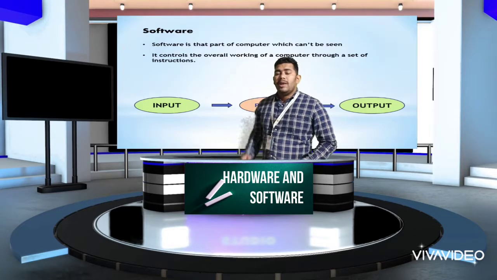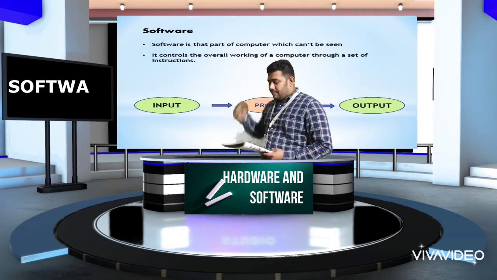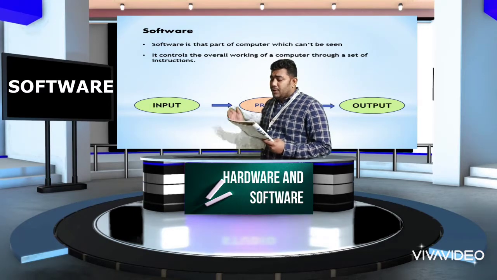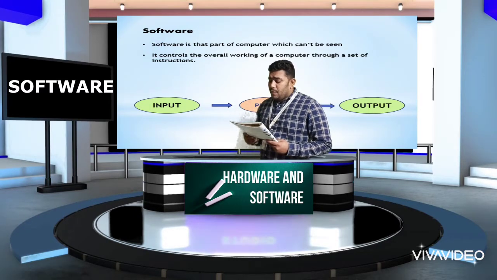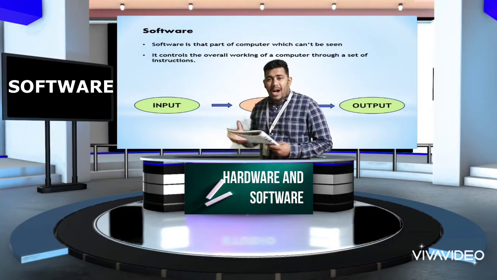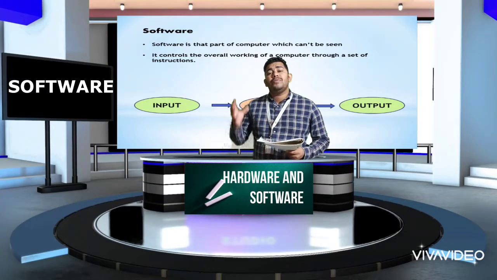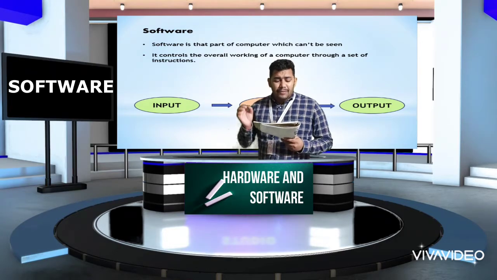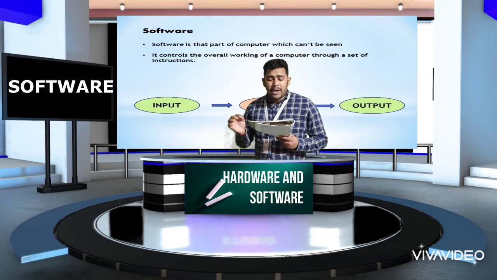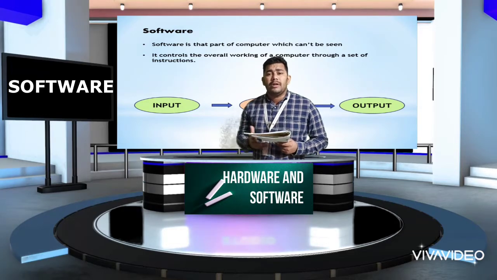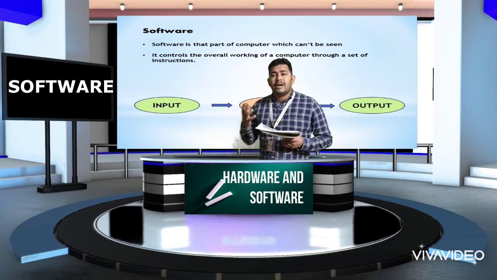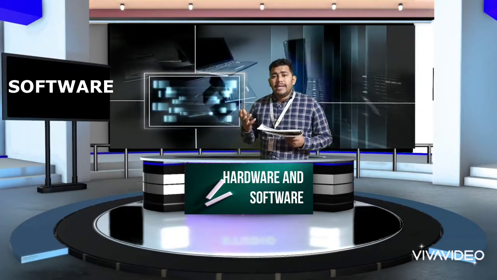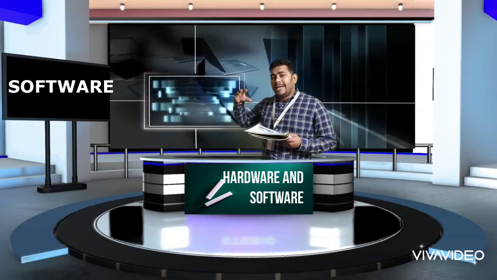So now let's start with software. In our book it is given like this: software refers to the part of the computer which we cannot touch. It exists in the form of commands which make the computer work. What does it mean?